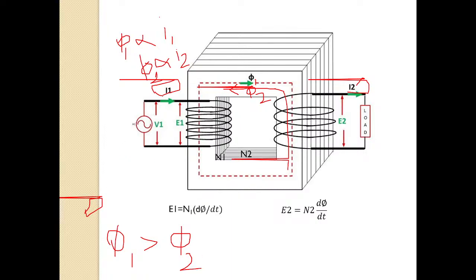So these fluxes will cancel each other, equivalent fluxes will cancel, and the resultant flux that is left over in the core is phi. That resultant flux phi will travel from the source towards the load. This is what happens in the transformer.